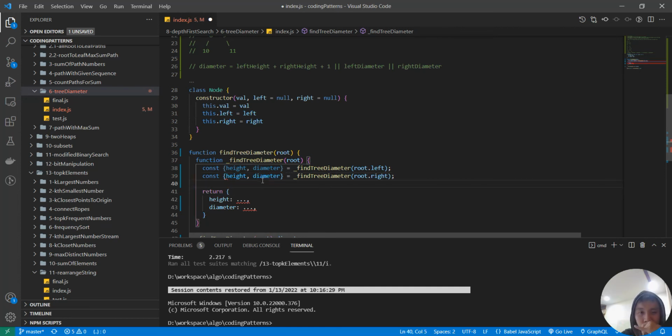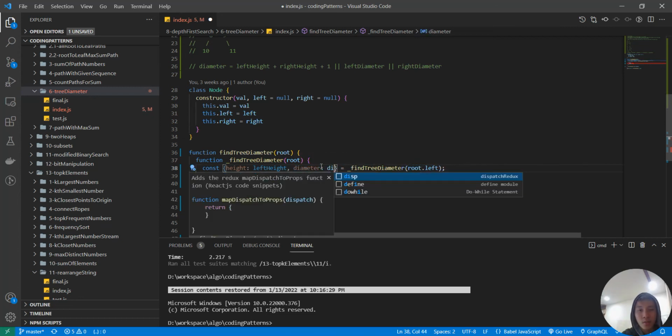But it's the same variable name here, so I will rename it into left height, because here we consider the left child.